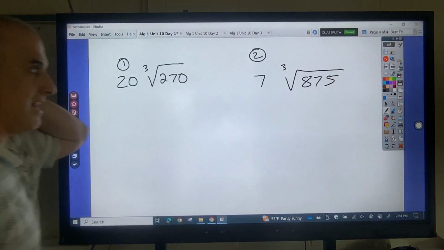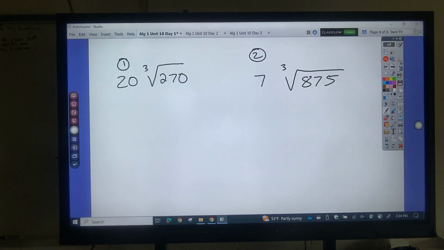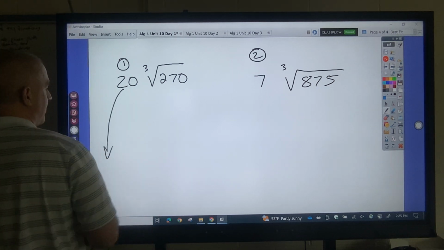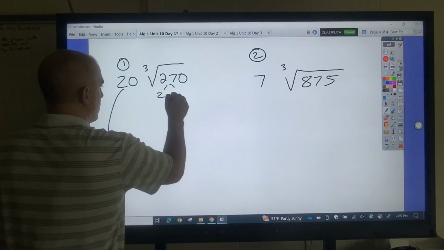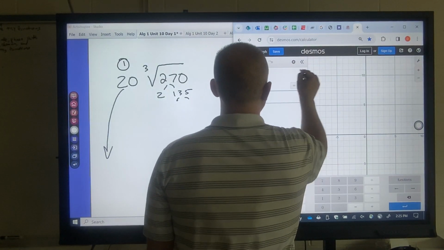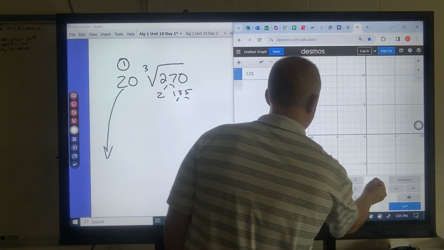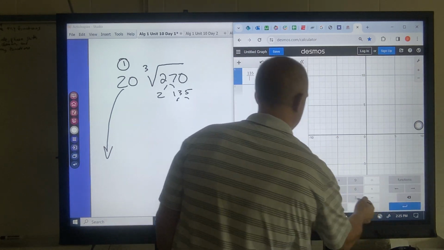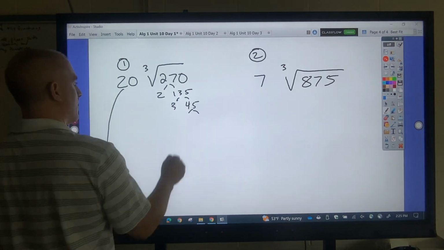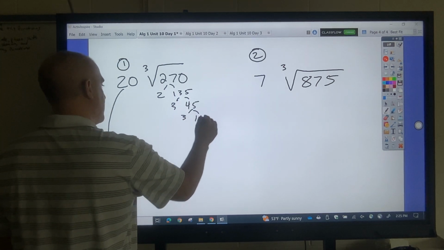All right, last one. This is very similar to what we were doing from before. Okay, that 20 automatically comes down. That'd be 2 and 135. 135 divided by 2 is a decimal. By 3 is 3 and 45. 45 divided by 3 would be 3 and 15.